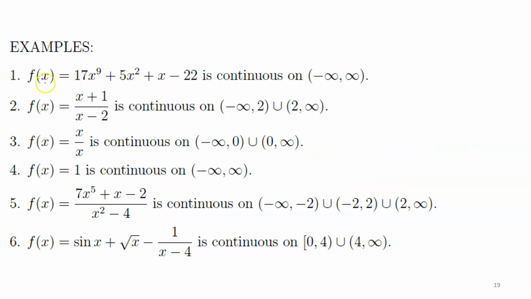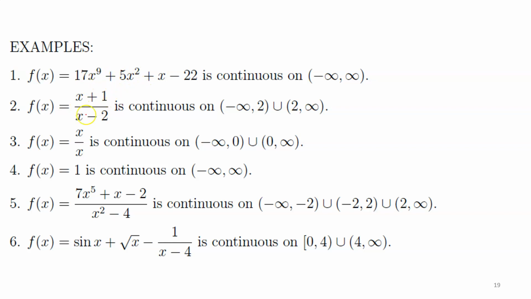Okay, for example, we have function 17x. This is a polynomial function. Okay, you see, this is continuous on this interval, negative infinity until infinity. It is continuous everywhere since this is polynomial.